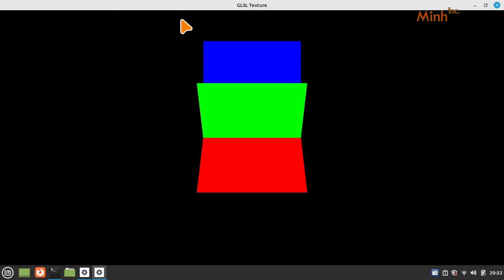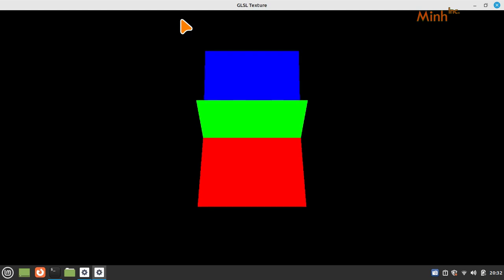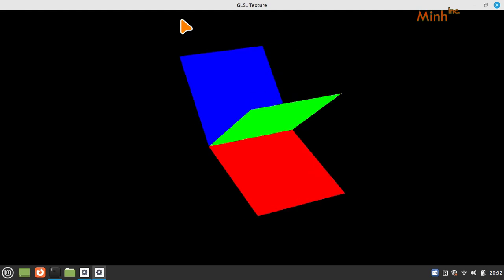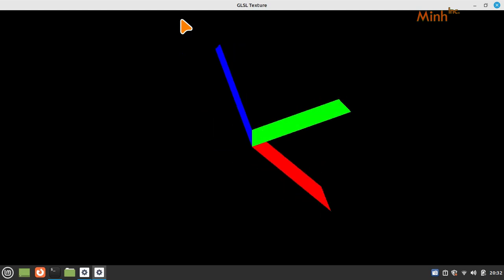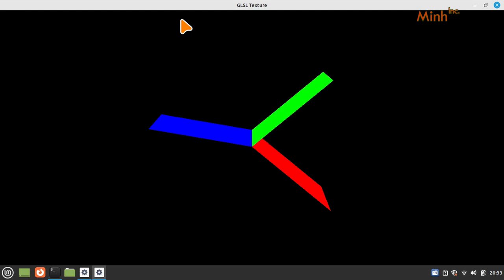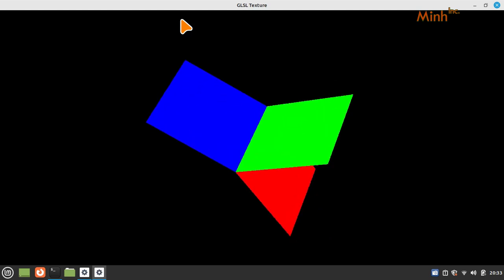So I would rather say we have 3 orthogonal planes. I think this would look even better. Okay, so we have 3 orthogonal planes.